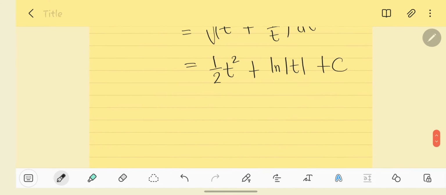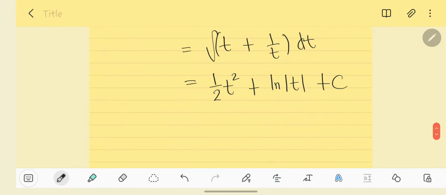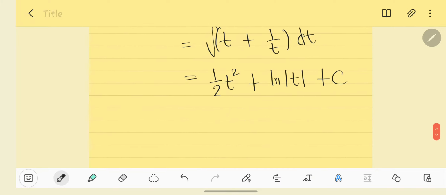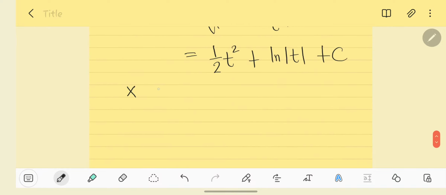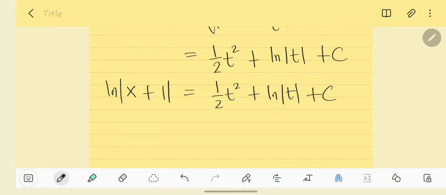So after combining the answers that we got after integrating, the equation becomes ln of x plus 1 is equal to 1/2 t squared plus ln t plus c. To eliminate the natural log, we have to exponentiate with e.